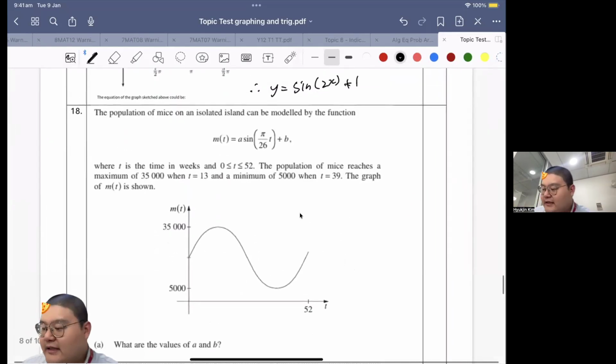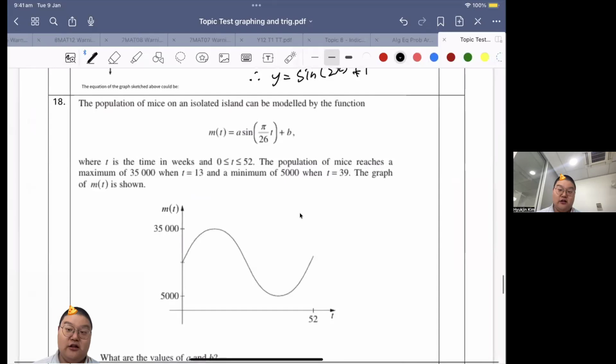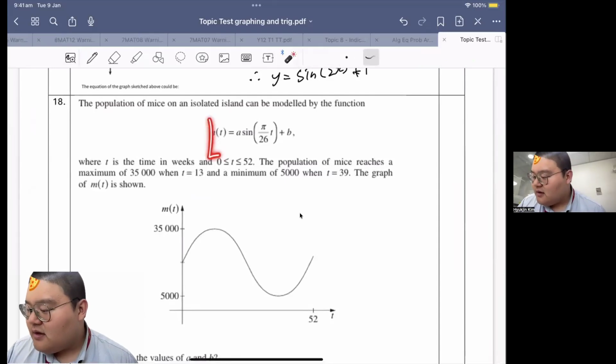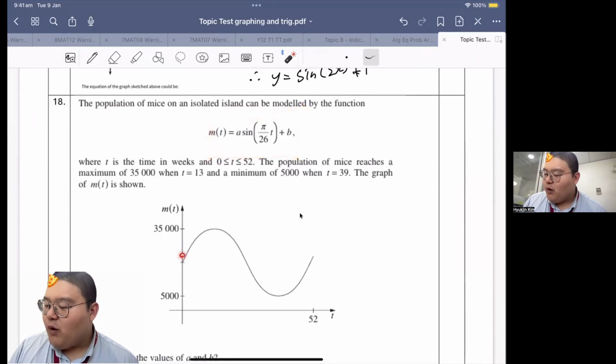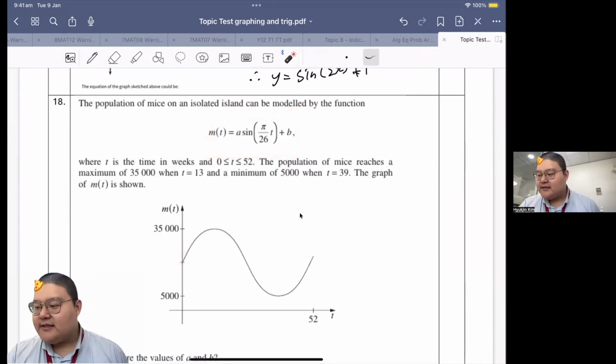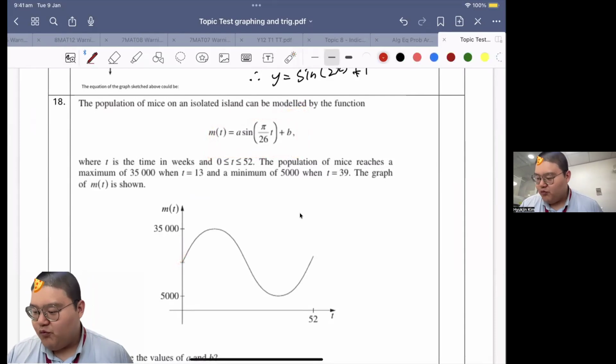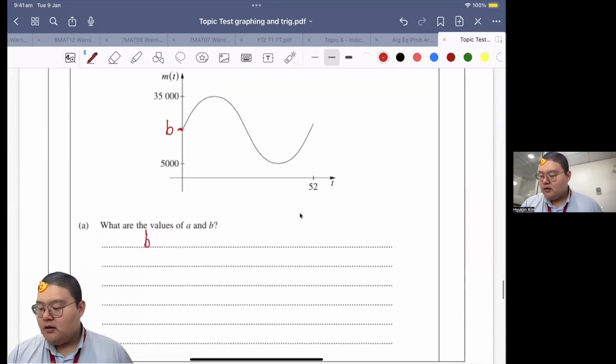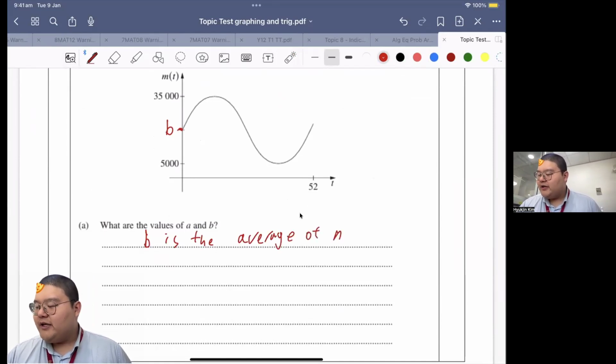Now, this is actually a very fun question. I love these questions. What we always know is that the center of motion, in which case this is b, is always the average of minimum and maximum.